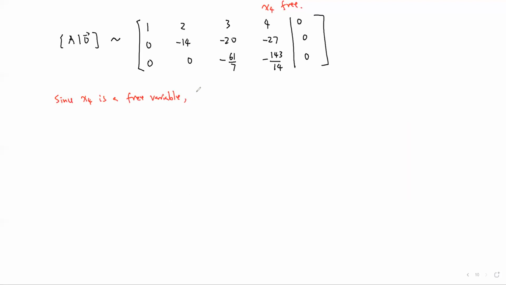So double star has infinitely many solutions, so it has non-zero solutions.